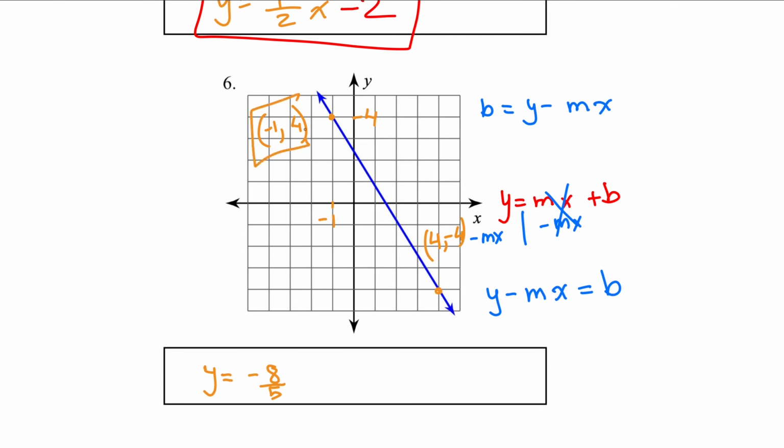So I'm going to pick this one, but you can pick any one. So b is equal to, our y value is 4, minus, our slope is -8/5, and our x value is -1.